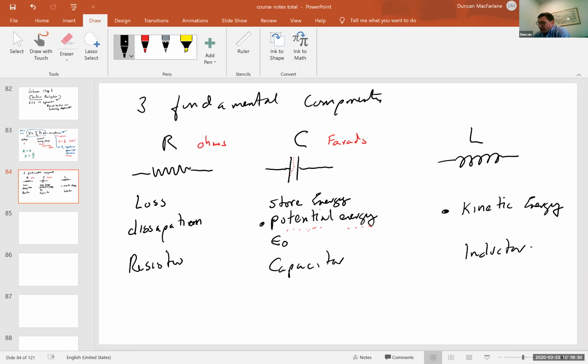And so the interplay between the inductor and the capacitor, the mu naught and the epsilon naught, is an interplay between kinetic energy and potential energy. The interplay between kinetic energy and potential energy is always going to lead to a sinusoid, or perhaps with a resistor to a sinusoid that's losing its amplitude exponentially.